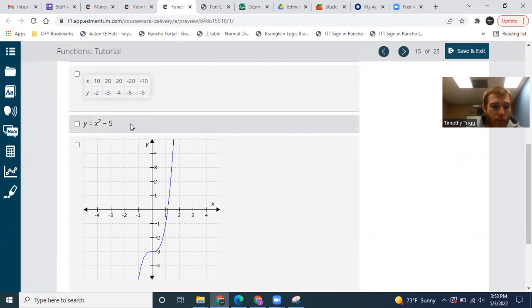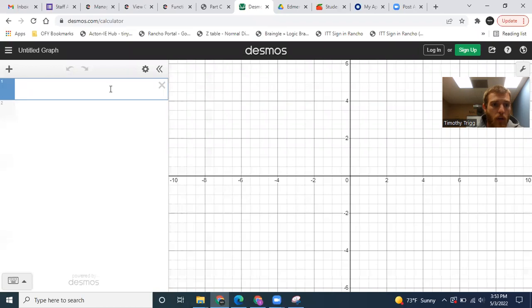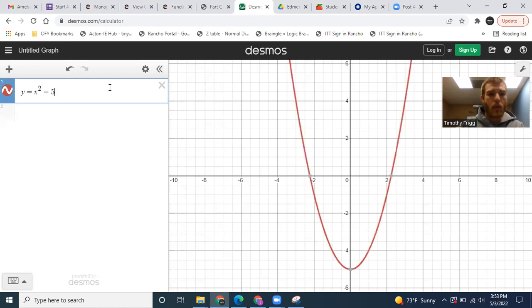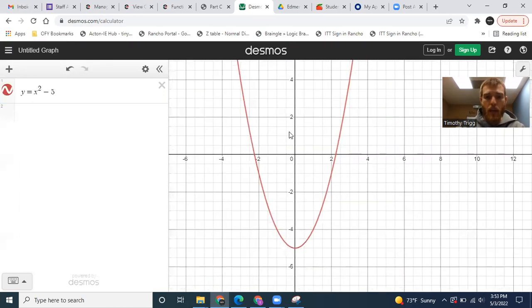If we graphed this, y equals x squared minus 5, this is a function. We can graph it here: y equals x squared minus 5. And we can see here that no matter where I would put a vertical line, it would only touch this graph once, right?